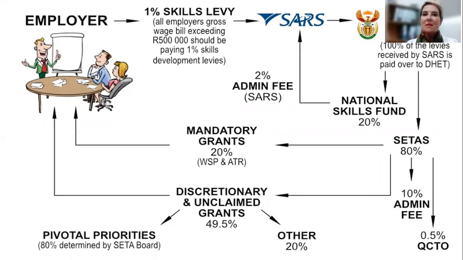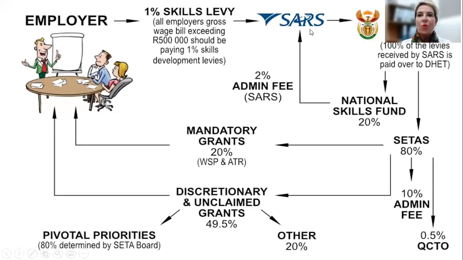That 1% skills development levy is collected by SARS, who pays it over to the Department of Higher Education. The Department of Higher Education then distributes this skills levy, where 20% goes to the National Skills Fund and 80% is distributed to our SETAs, the Sector Education and Training Authorities in South Africa, for every sector.